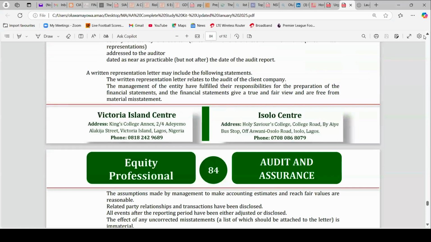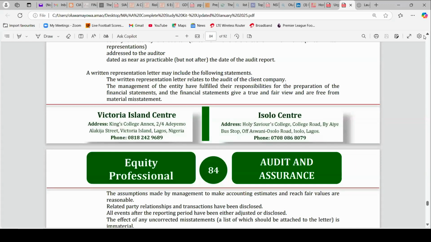So the first thing that a written representation should have is that it relates to the audit of the client company. So when a written representation letter is drafted, either by the auditor or coming straight from the management, the major content of the letter should be about the audit of the client company. It's not talking about anything as a project.